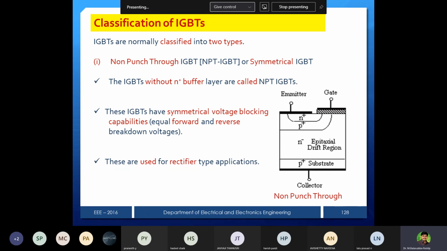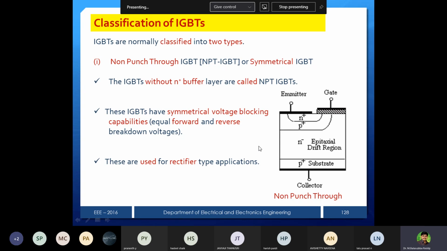The IGBT without the N+ buffer layer is called non-punch through or symmetrical IGBT, which has symmetrical voltage blocking capabilities.